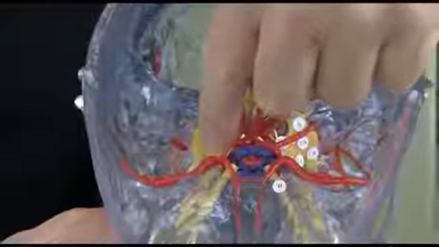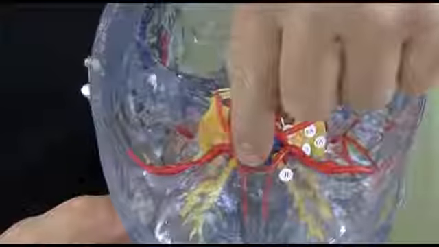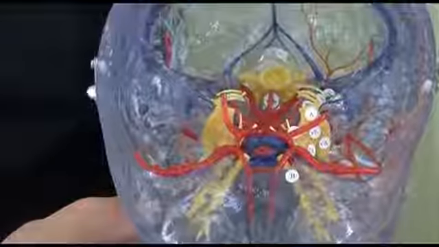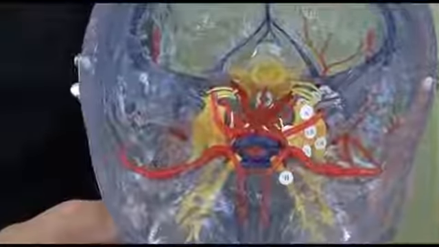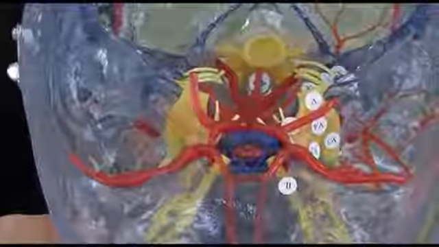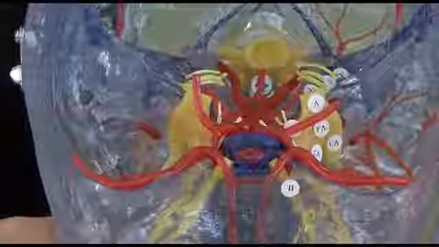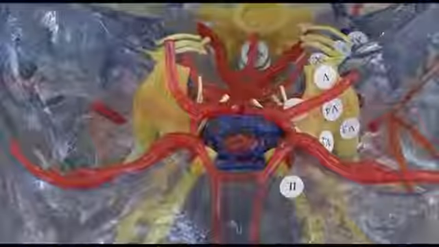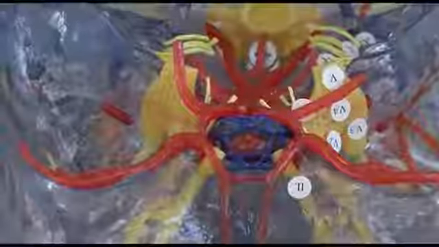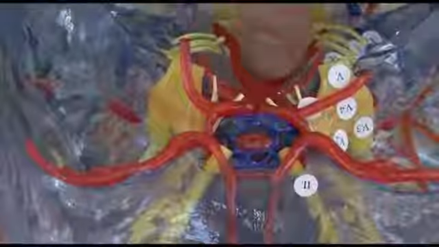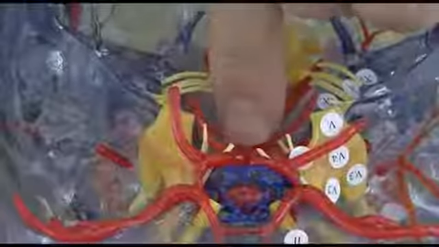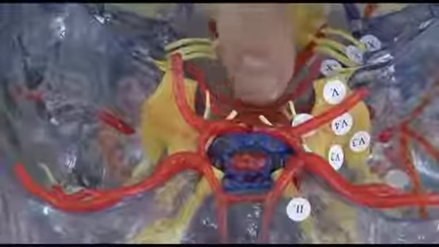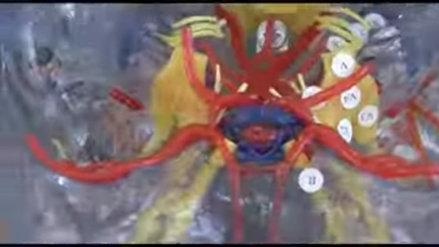And we can see here there's actually a circle of arteries at the base of the brain. This is called the circle of Willis, and it provides a degree of collateral circulation to the brain. So blood approaches via this basilar artery here and via the carotid arteries.